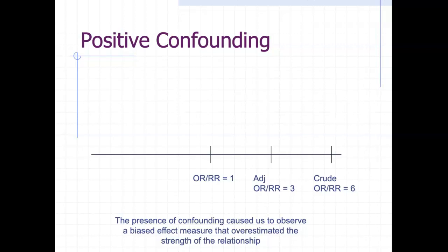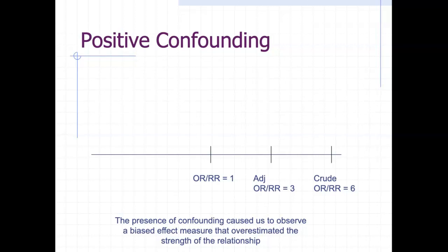However, when we adjusted for that confounder, we found that our measure of association dropped down to 3. So this is the more valid measure that I would report for my results. When you have positive confounding, it causes us to observe a measure that overestimates the strength of the relationship between the variables in our study.